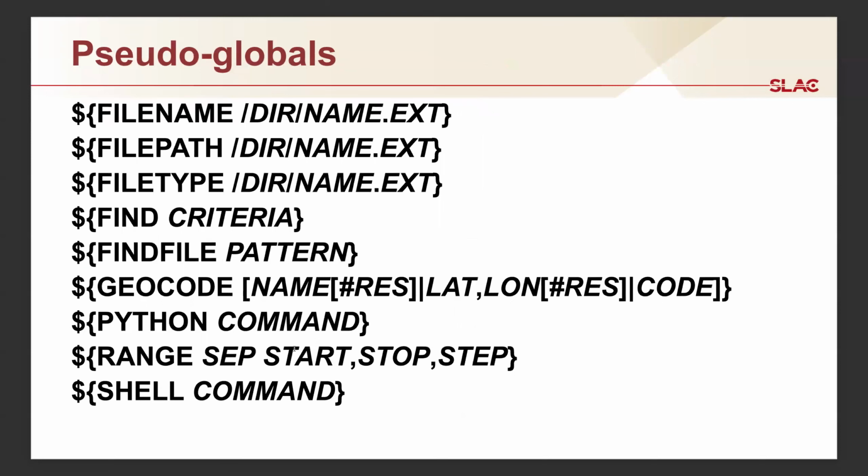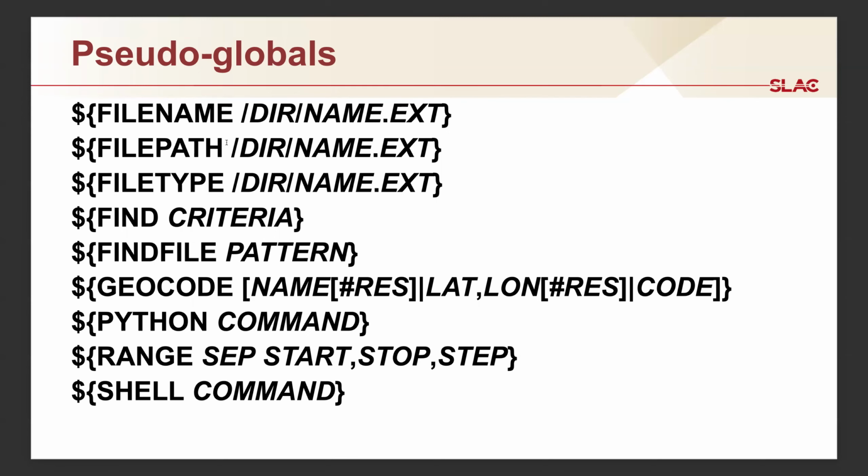All right, so now we get to what are called pseudo globals. These are global variables that are not actually variables. You can think of them as functions, but they perform some very useful operations. So for example, the global variable file name can be given a path, and it will extract just the file name portion of the path, in this case, name.